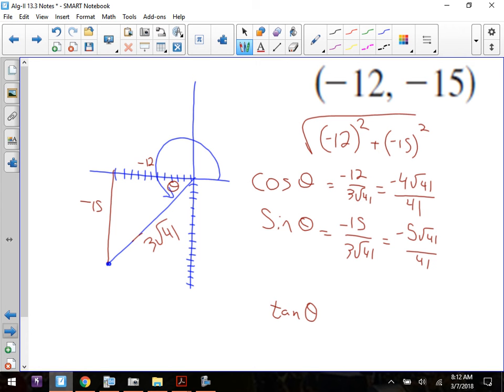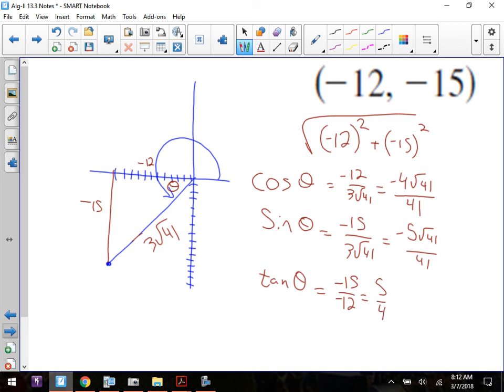Your tangent then is going to be opposite over adjacent. Negative 15 over negative 12, so it's going to be y over x. What's a negative divided by negative? It's positive, which means this simplifies out to being 5/4.